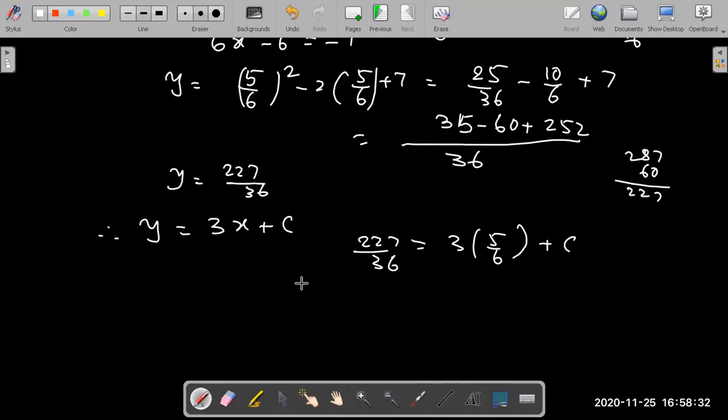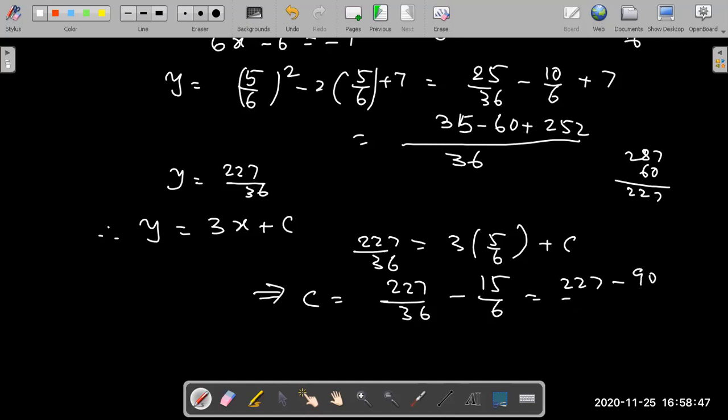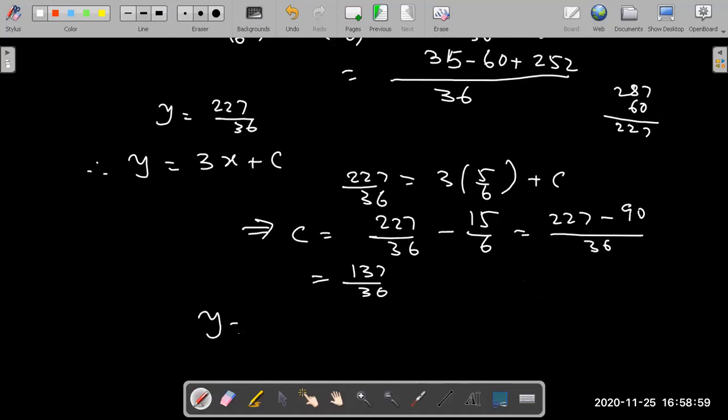So that implies c equal to 227 by 36 minus 15 by 6. 227 minus 90 is 137, divided by 36. So y is equal to 3x plus 137 by 36 is the equation of the tangent.